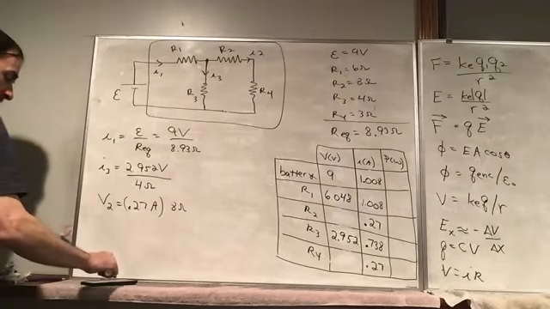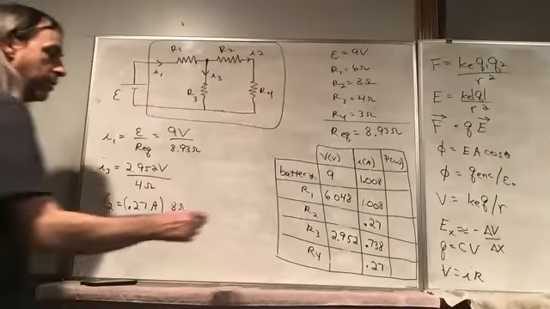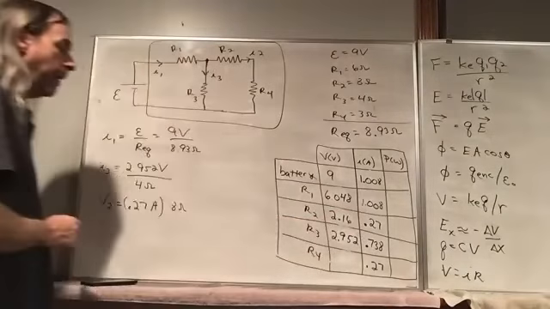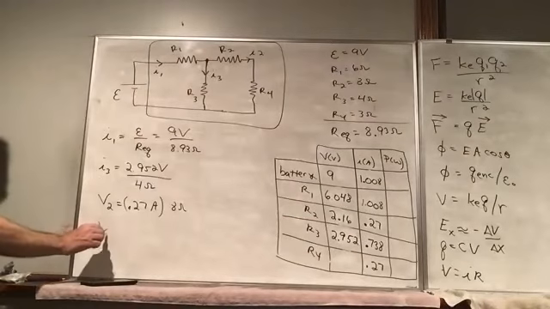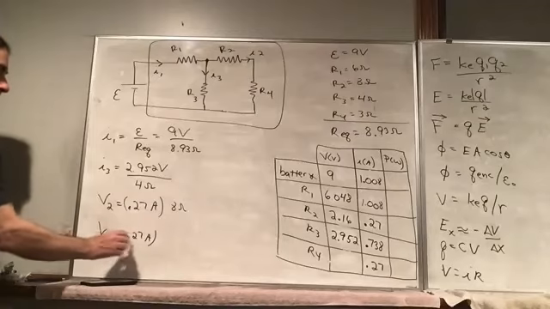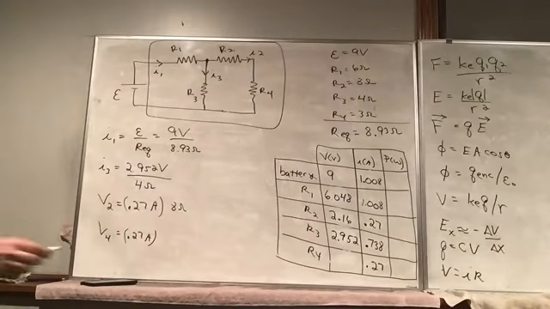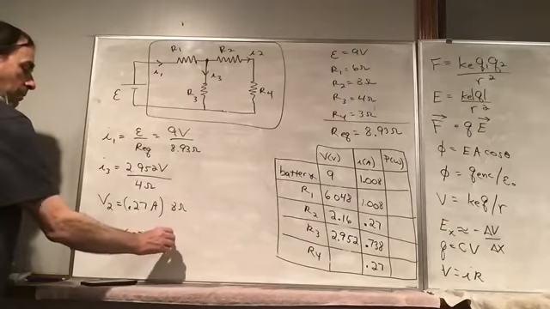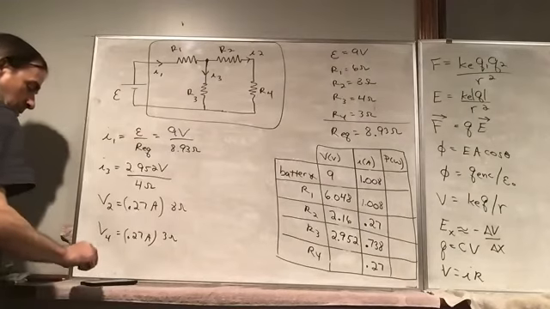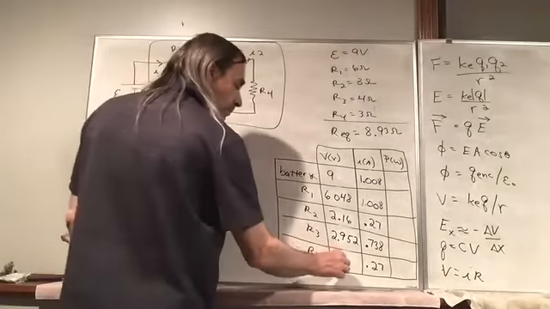So 0.27 times 8 would be 2.16. And then our V4 would be 0.27 amps times 3 ohms. So 0.81.